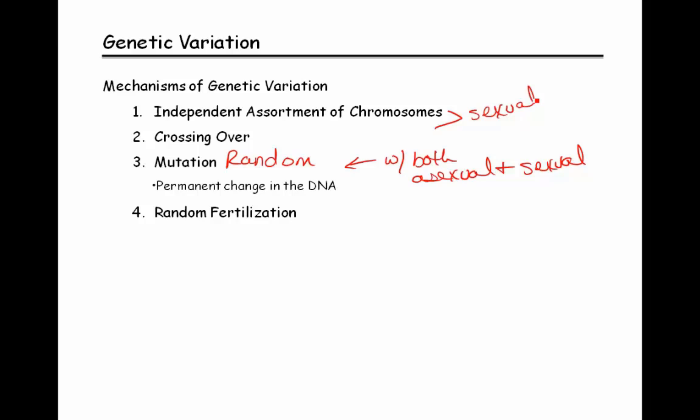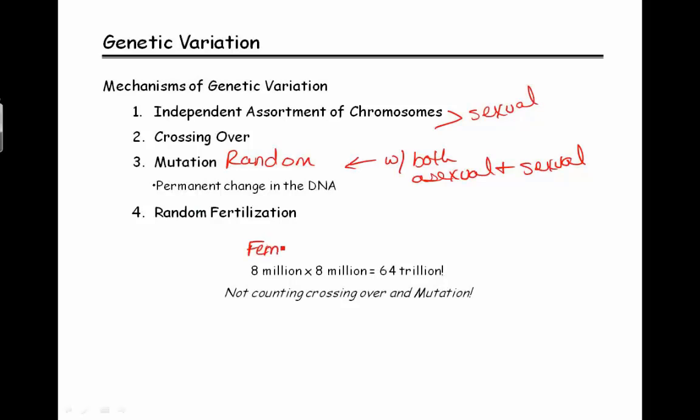If we do put some numbers on this genetic variation, if we just go with the independent assortment of chromosomes, which is the easiest one to really put a number on, based on independent assortment of chromosomes, within one female, you're going to have over 8 million eggs possible. Within one male, you're going to have over 8 million sperm possible.